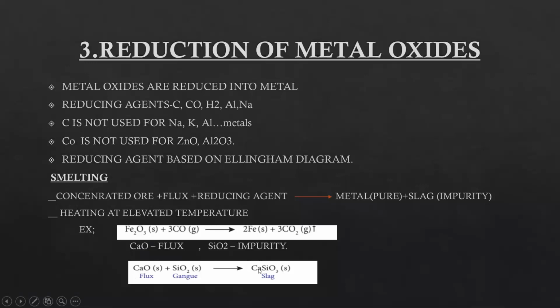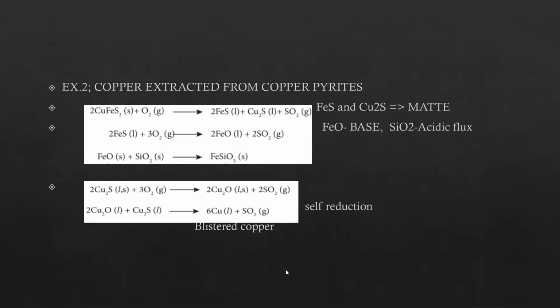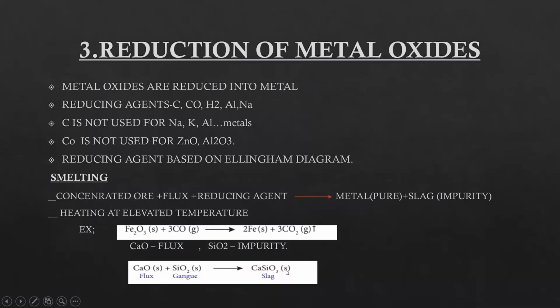We get CaSiO3 as slag. Slag means impurity. After the removal of the impurity, the Fe2O3 reacts with the reducing agent, so we get the pure metal.